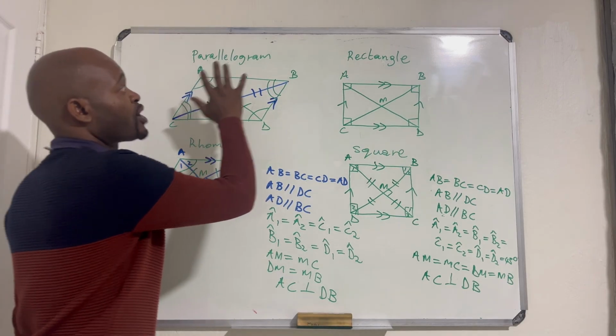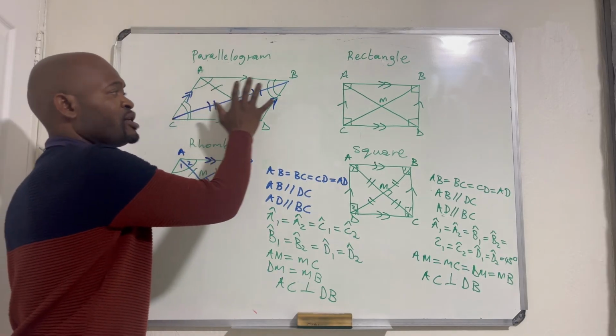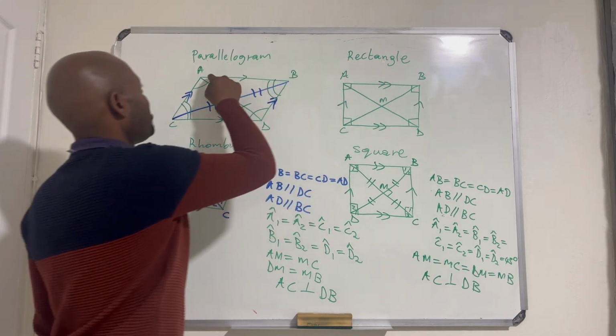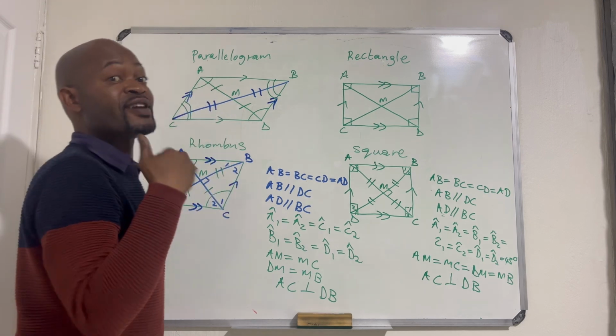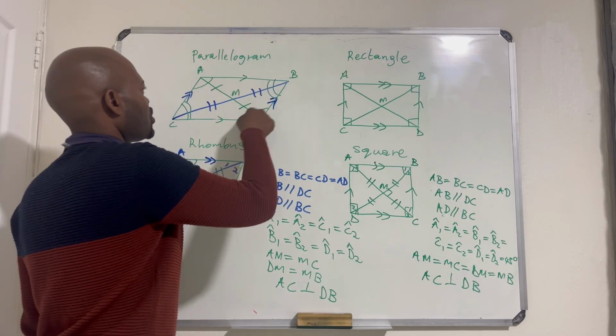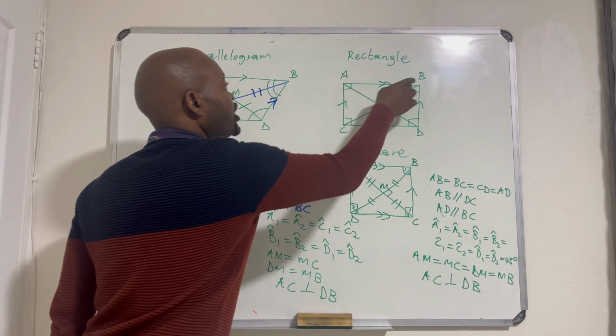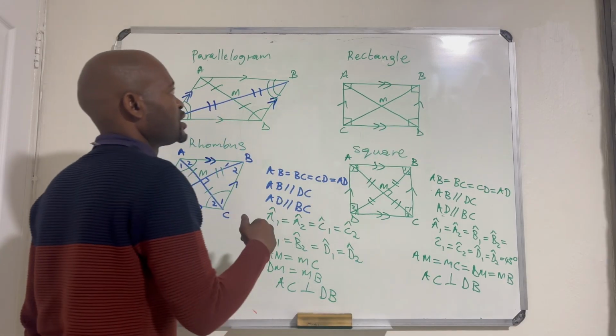Is a parallelogram a rectangle? No. A parallelogram is not a rectangle because a parallelogram does not have 90 degree interior angles. The angle here is not 90, is not 90, is not 90. We know that in a rectangle, the interior angles must be 90 degrees.